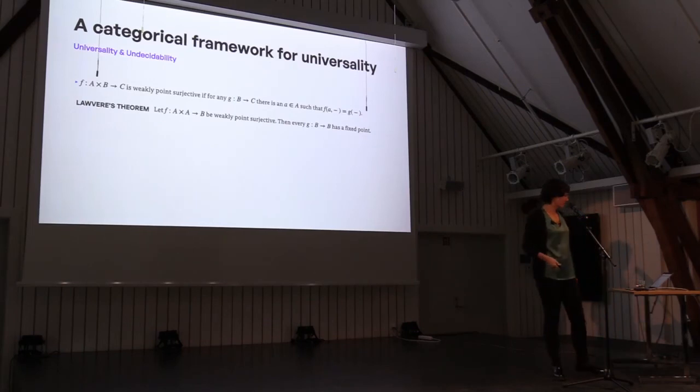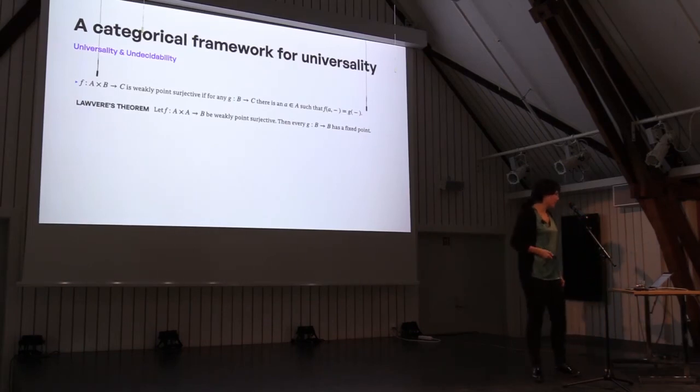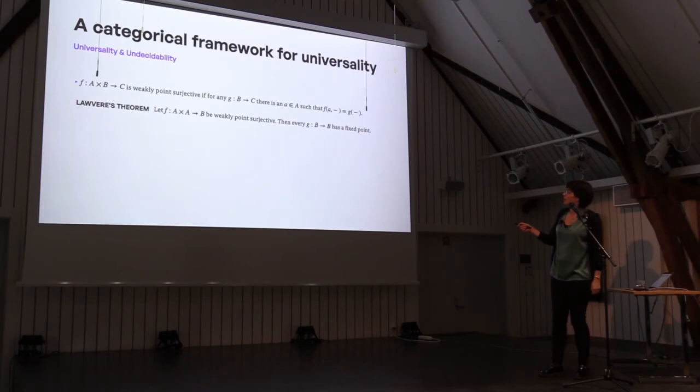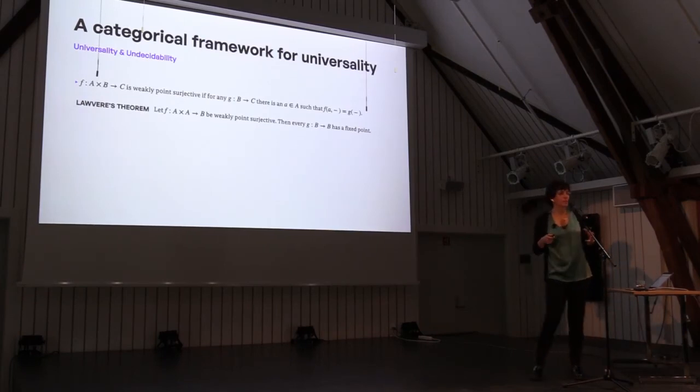Now, Lawvere's theorem, from the 60s, says: let a function be weakly point surjective, then every g has a fixed point. So if the function is weakly point surjective, then g cannot be too general. In particular, it needs to have a fixed point. And this is to avoid contradictions, in my words.